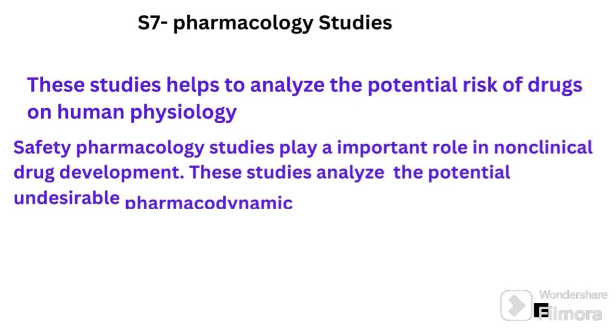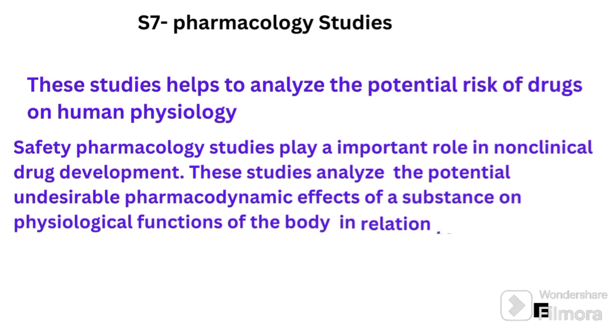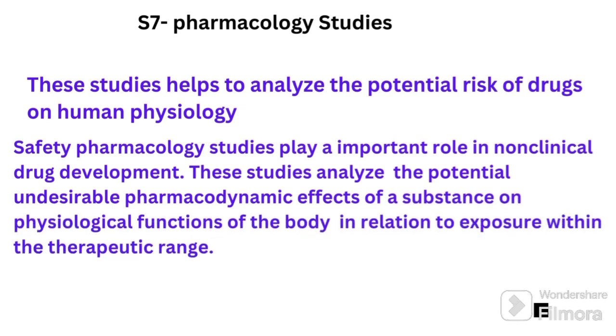S7, for pharmacological studies. These studies help to analyze the potential risk of the drugs on human physiology. So, how much the drug is going to affect the human physiology is studied under pharmacological studies. Safety pharmacology studies play an important role in non-clinical drug development.